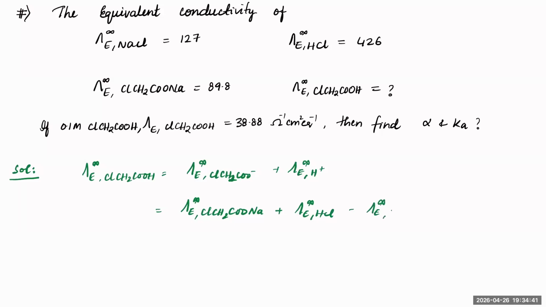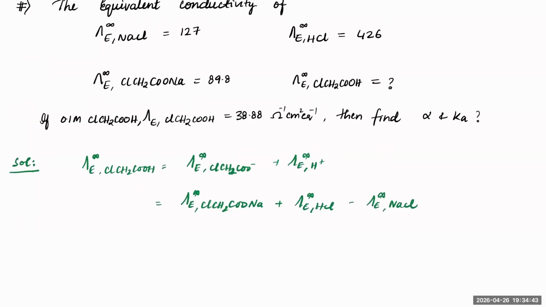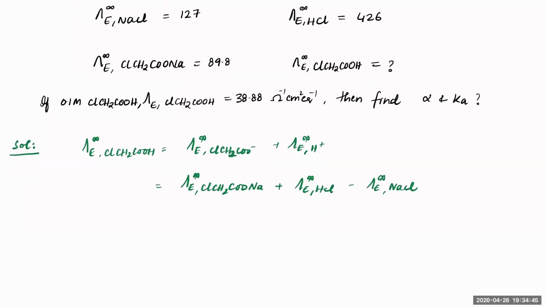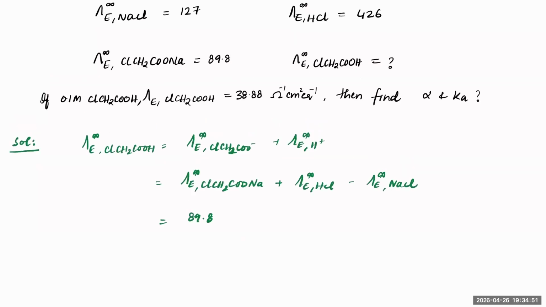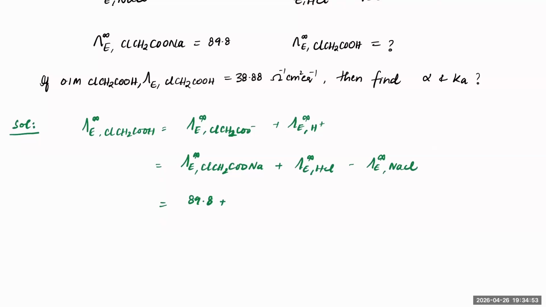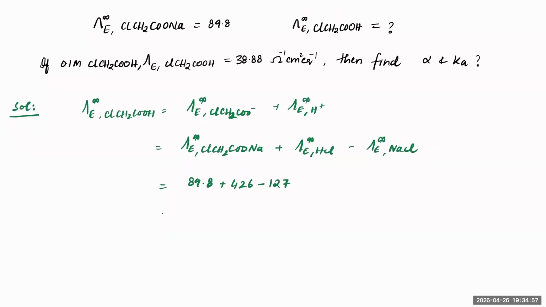So Na plus and Cl minus both will get cancelled out of this equation. So therefore, this will be 89.8 plus 426 minus 127. So that will give you the lambda E infinity value.